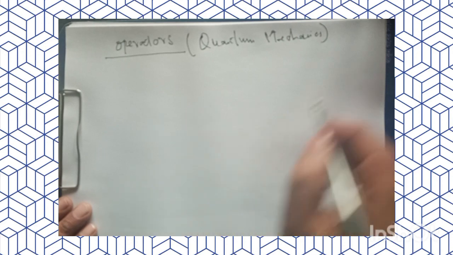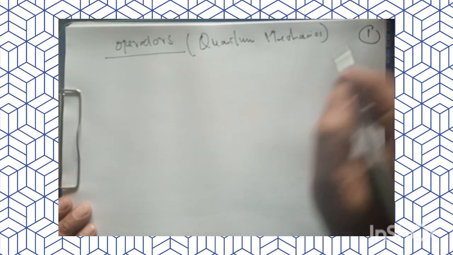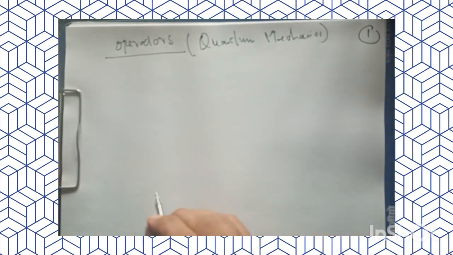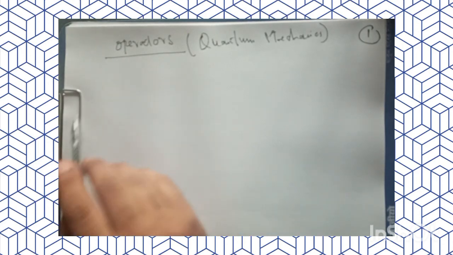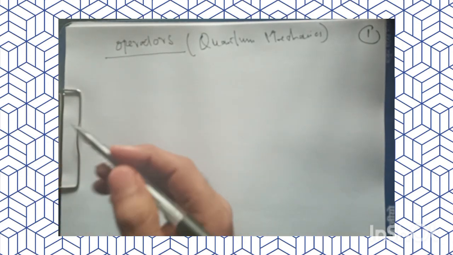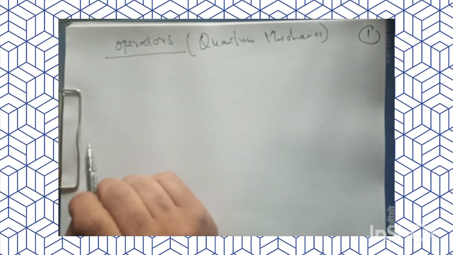The point is how can we define these operators, and what are operators basically?